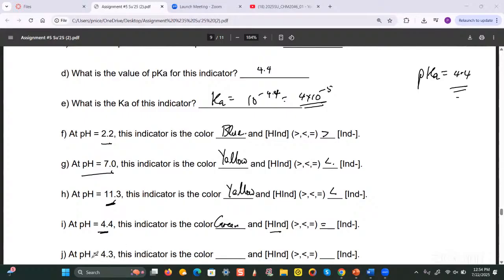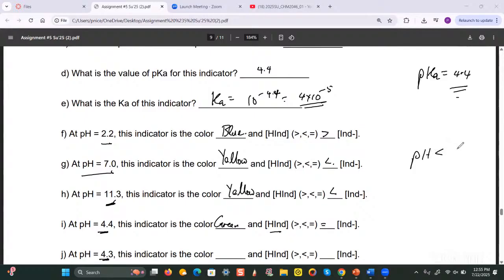Okay, now this one is a bit tricky. It says at pH 4.3, what would you expect the color to be? I know you say that, but one thing I mentioned that you need to remember is that there is a range where... I'm trying to think of a mathematical way to express this. Well, the question did say what the range was.